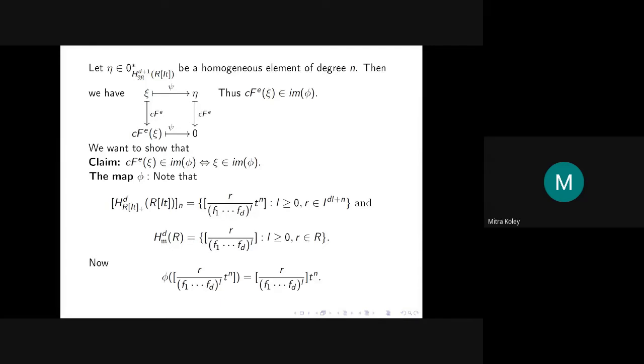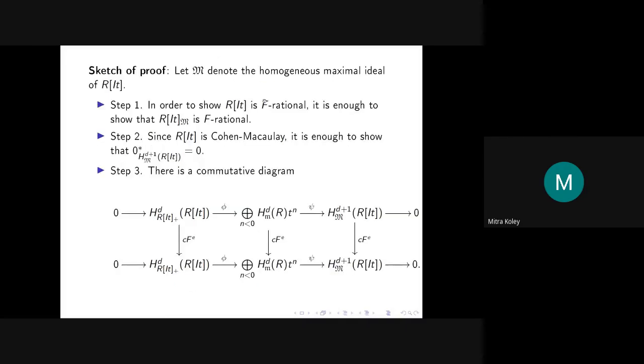In the next slide, I'm just saying this: let eta be in the tight closure of 0, and let psi be a lift of eta. Then since eta is in the tight closure of 0, eta goes to 0, and hence c F^e(psi) also goes to 0. This means that c F^e(psi) is in the image of phi, where phi is the left map.